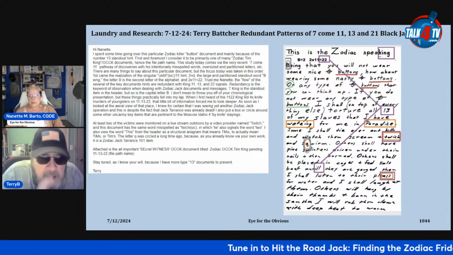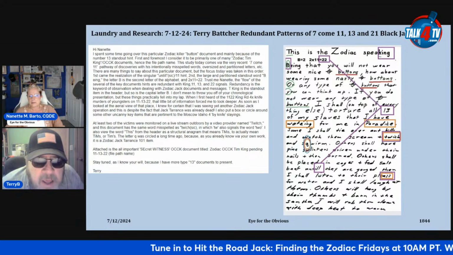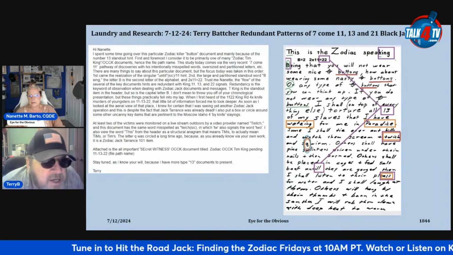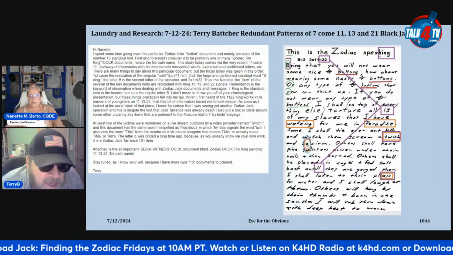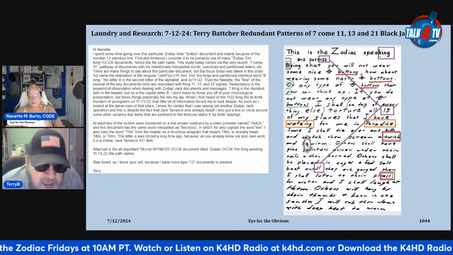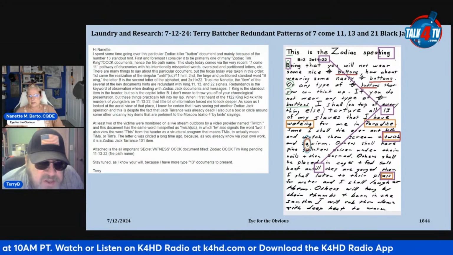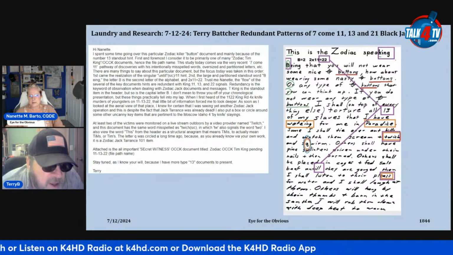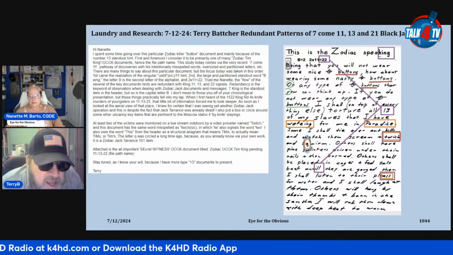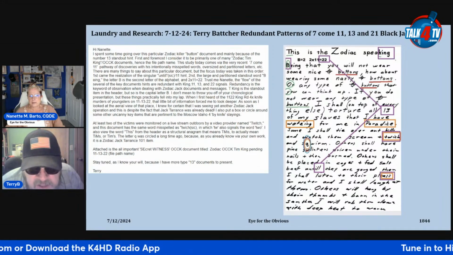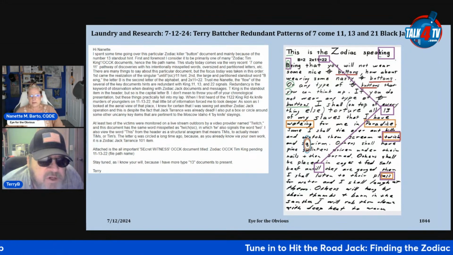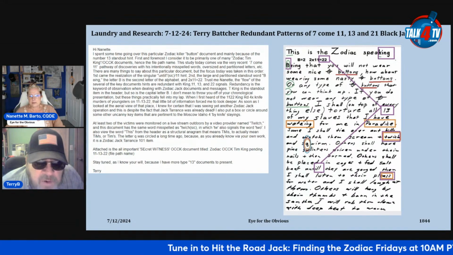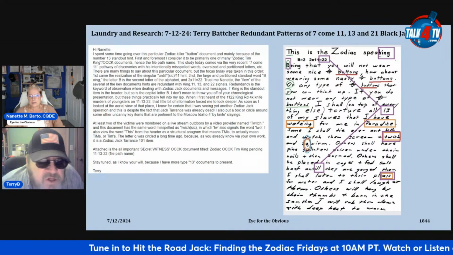First and foremost, I consider it to be primarily one of many Zodiac Tim King OCCK documents, hence the file path name. This study today comes via the very recent 7-11 pathway of discoveries with his intentionally misspelled words, oversized, and partition letters, etc. There are many things to say about this particular document, but the focus today was taken in this order.